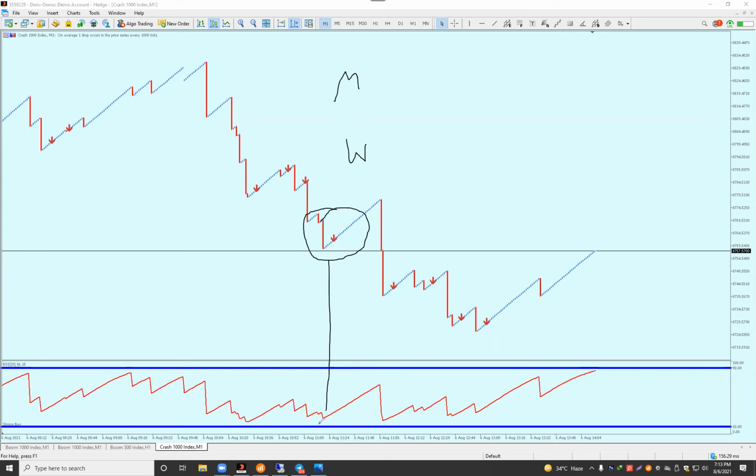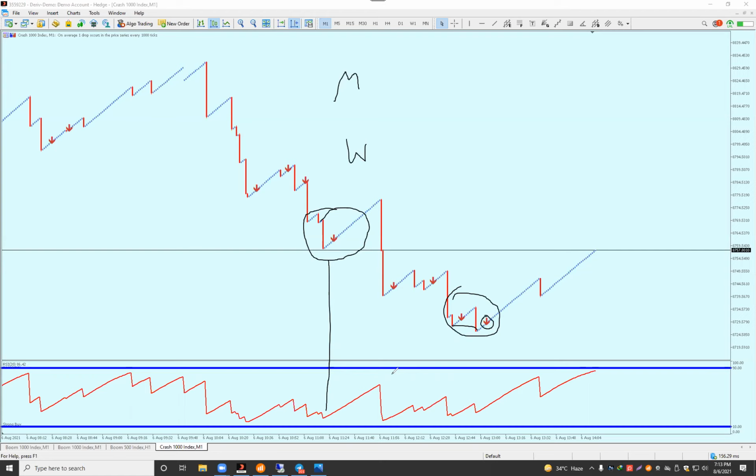No M. No W. So we can hold. We can hold this entry. We will get the spike. But if you see here there is a W or there is a divergence, then don't take this signal.